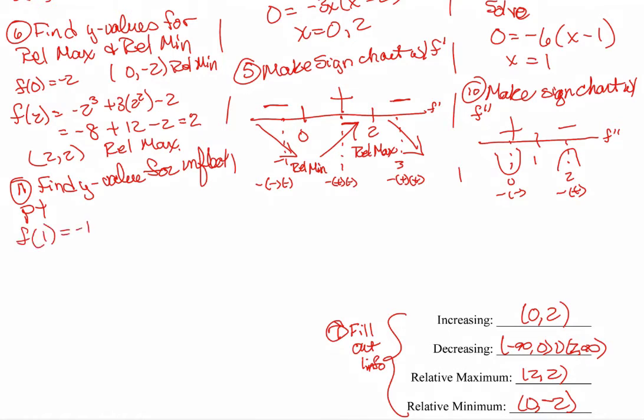So that's -1 cubed plus 3 times 1 squared minus 2. So that is -1 plus 3 minus 2. So that's 0. So that's (1, 0) is the inflection point.